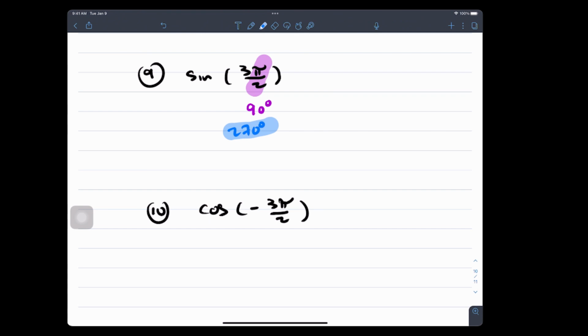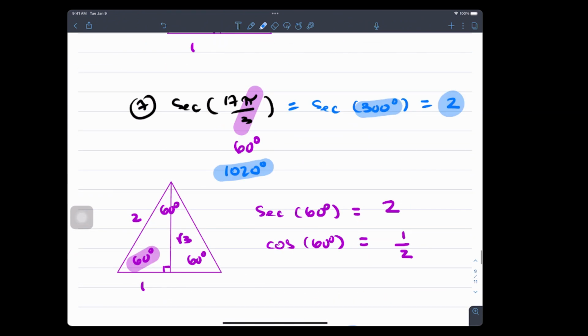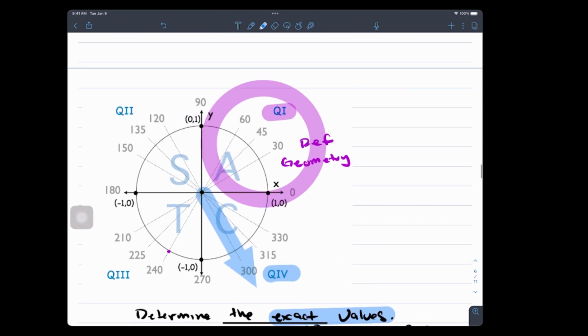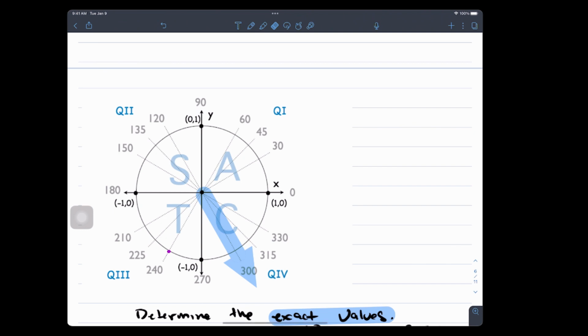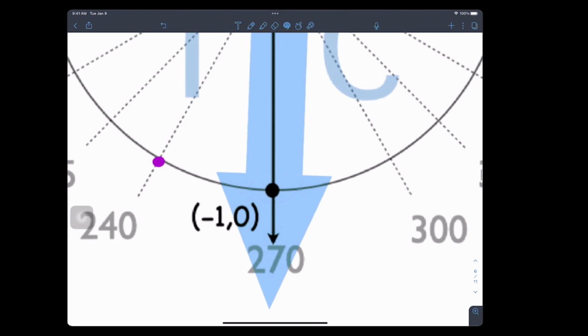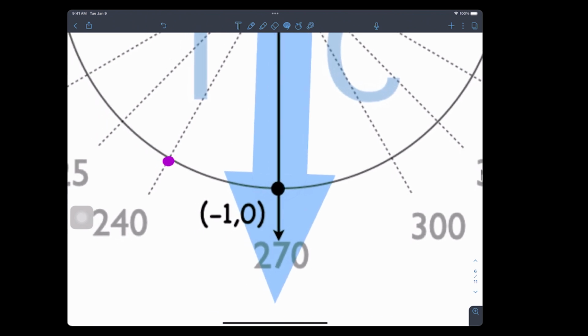How would you answer this one? Remember this, okay? 270 is really technically not in any quadrant, right? Remember, you start here, and it's positive, and you rotate it 270. It's not even in a quadrant. You can't say it's in a particular quadrant.